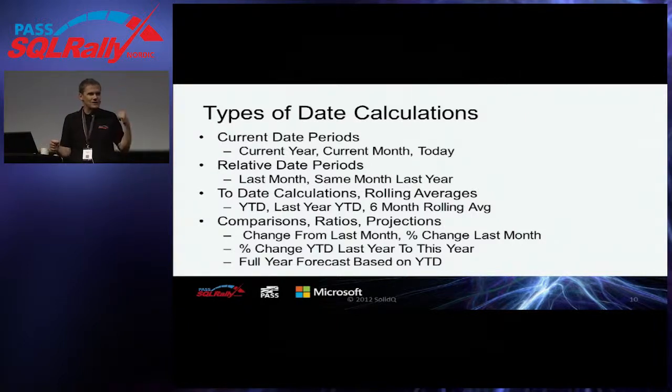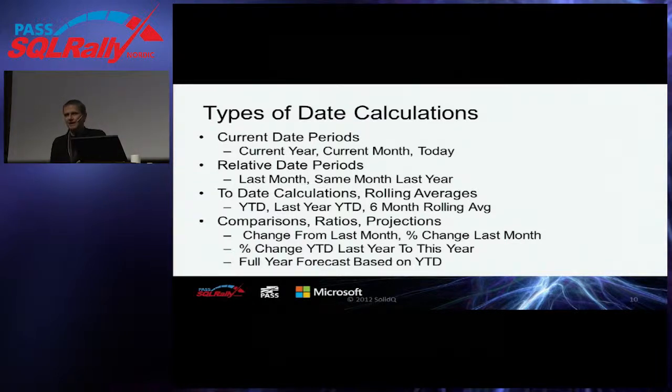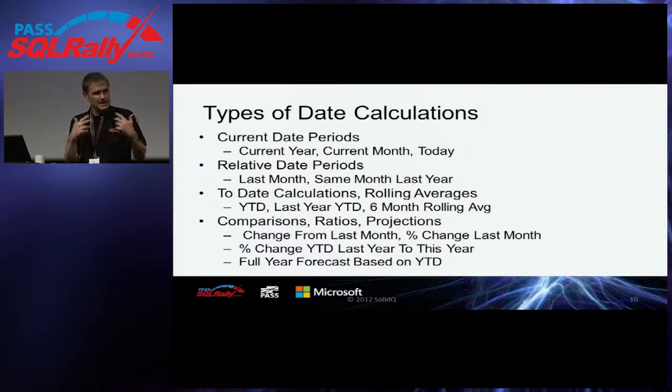And that's what the calculation hierarchy is for. A typical cube will give you the numbers, and you can slice and dice the numbers any way you want. But with calculation hierarchies, you can start doing some of these things, like this last one, doing a full year forecast based on the data that you're looking at, comparing what we have year to date with what we had last year to date, looking at last year's full sales, and just doing this calculation.